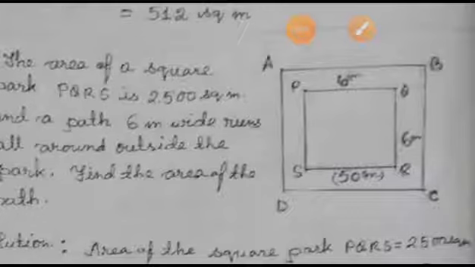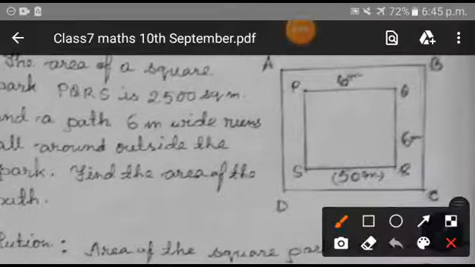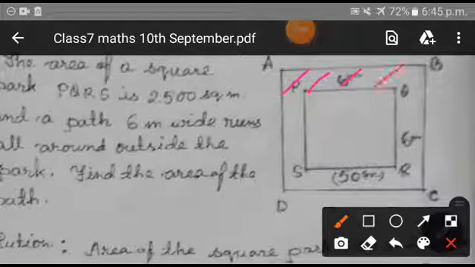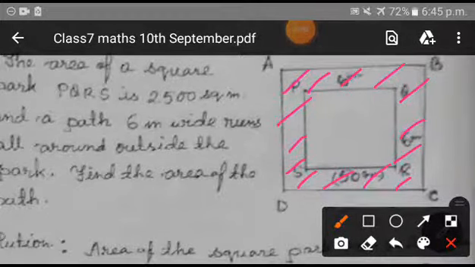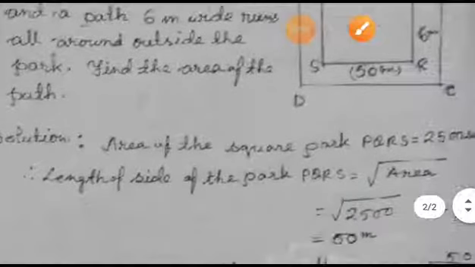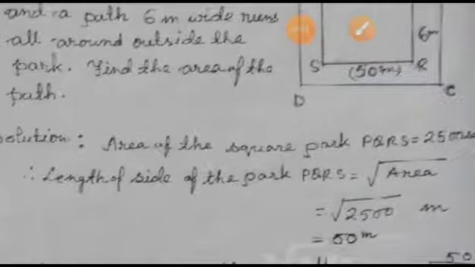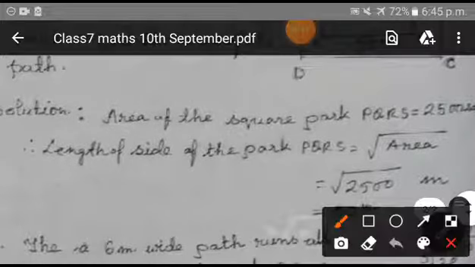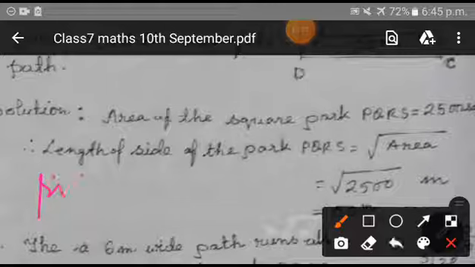So how shall we calculate the area of the path? Area of the path means this area we need to calculate. We will first have to find the side of the square. So here the area of the square is given, which is 2500 square meter. Now children, remember that side square equals area.